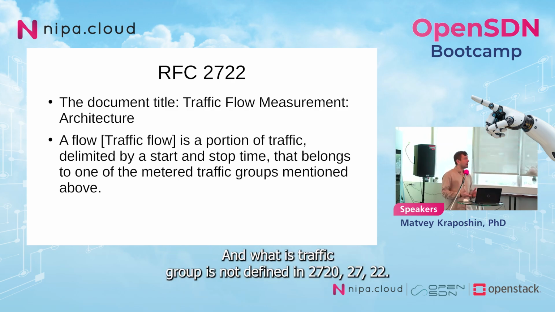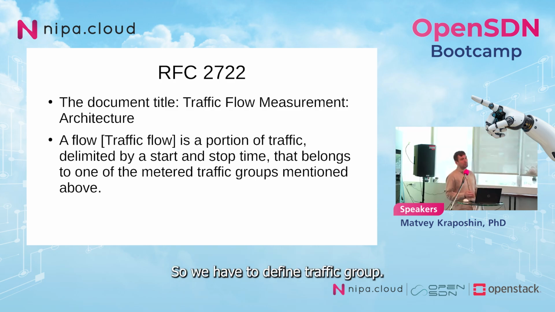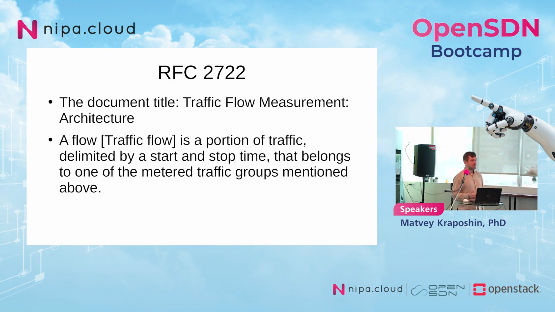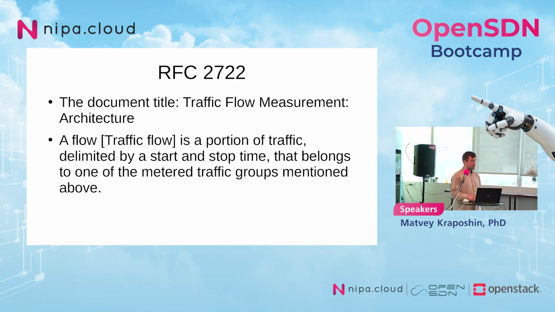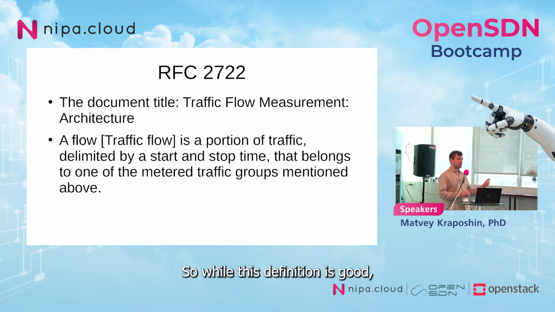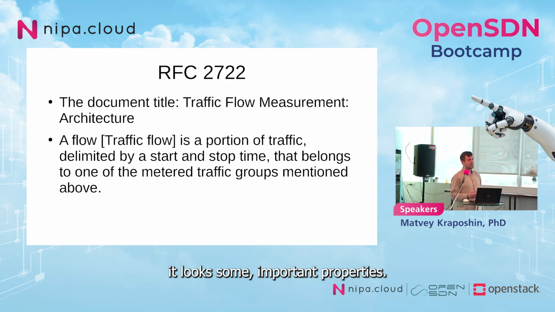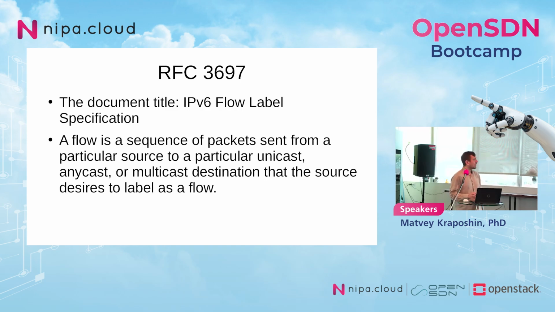And what a traffic group is is not defined in 2722. And there is no rigorous, strict definition for traffic group. So while this definition is good, it lacks some important properties.